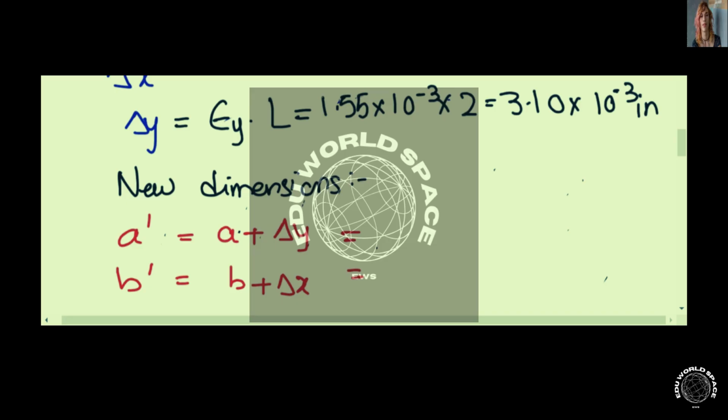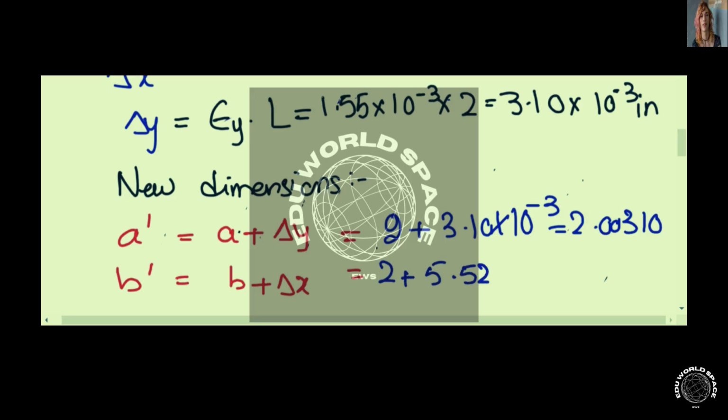So a dash is equal to 2 plus 3.10 into 10 raised to power negative 3, which is 2.00310. And b dash is equal to 2 plus 5.52 into 10 raised to power negative 3, which is 2.00552. So this is your solution.